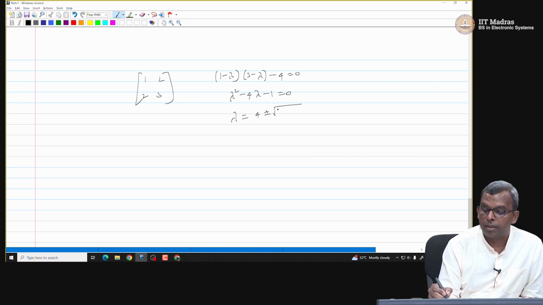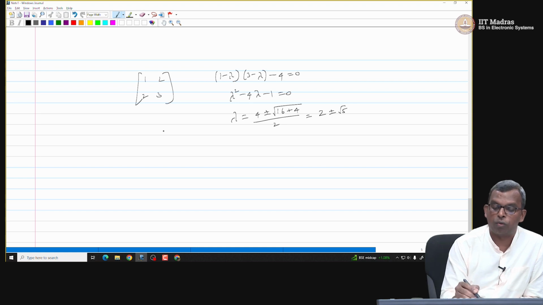You will get 16 plus 4, over 2. So, it is 2 plus or minus root 5. I hope I got that right: root 20 is 2 root 5, so 2 plus or minus root 5.